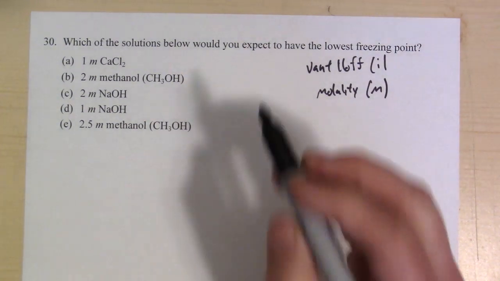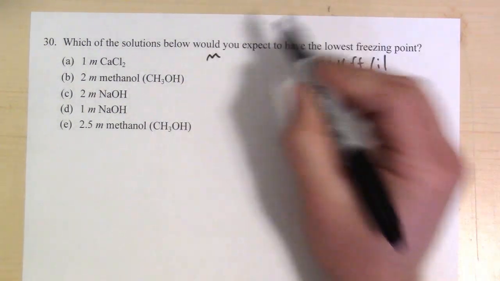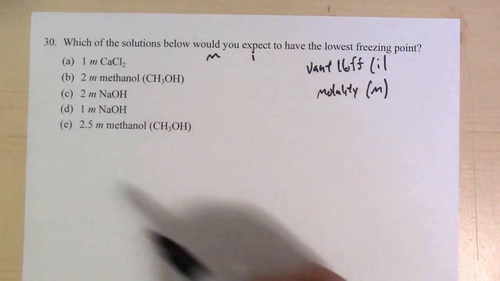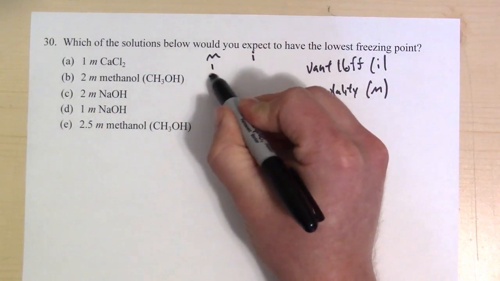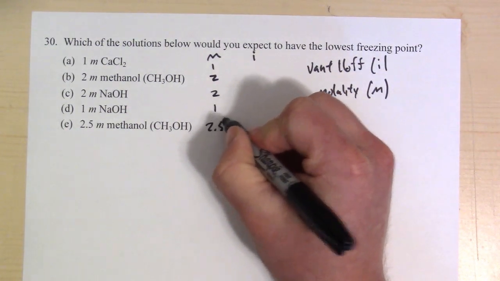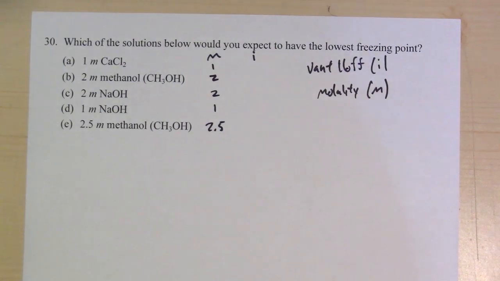So if we make a table with the molality and the Van't Hoff factor, the molalities are given to us here. So 1, 2, 2, 1, and 2.5 are the molalities of each of those solutions.